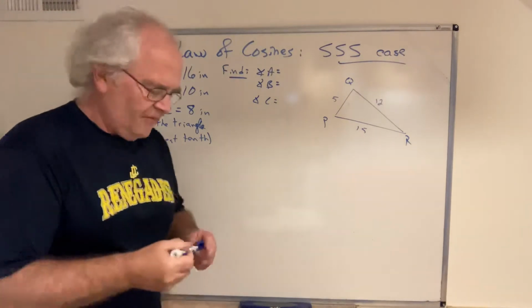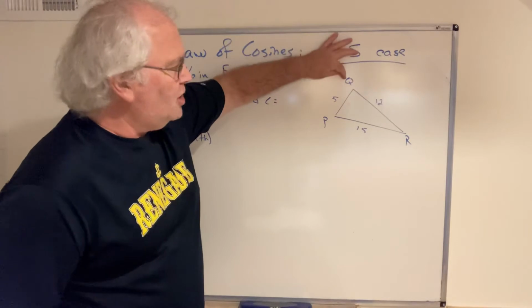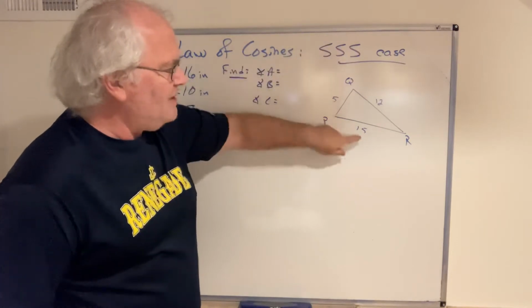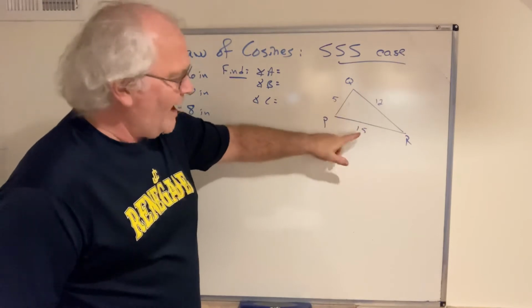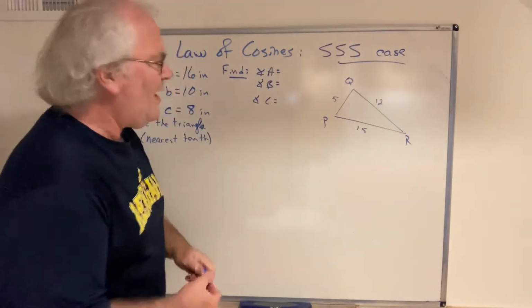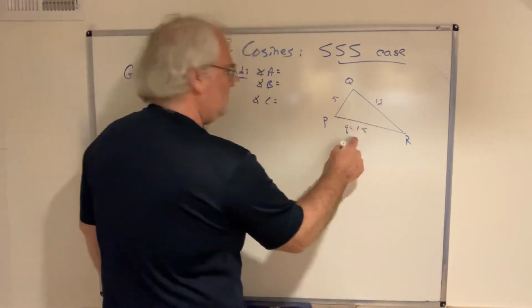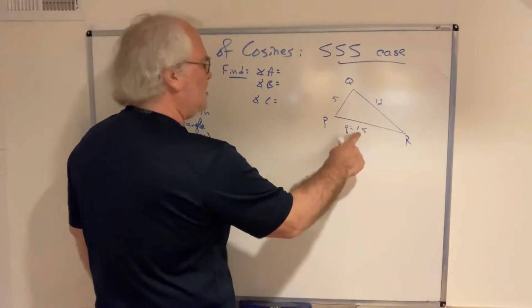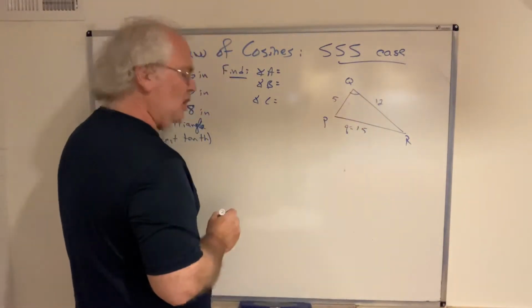Well, there's a theorem from geometry that says the larger angle is opposite the longer side. More accurately, the longer side subtends the larger angle. What that means is this.